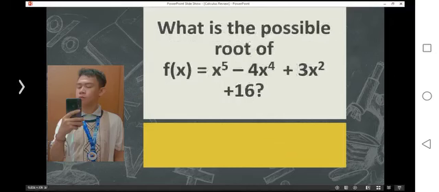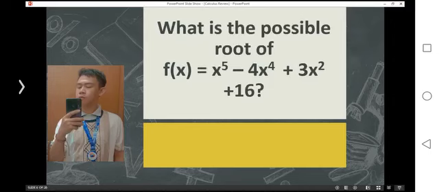What is the possible root of f of x is equal to x to the 5th minus 4x to the 4th plus 3x squared plus 16? We're looking for the possible root. We will apply the rational root theorem simply by getting p over q. Your p here is your constant. The constant for this function is 16. Then we will look for the factors of 16.